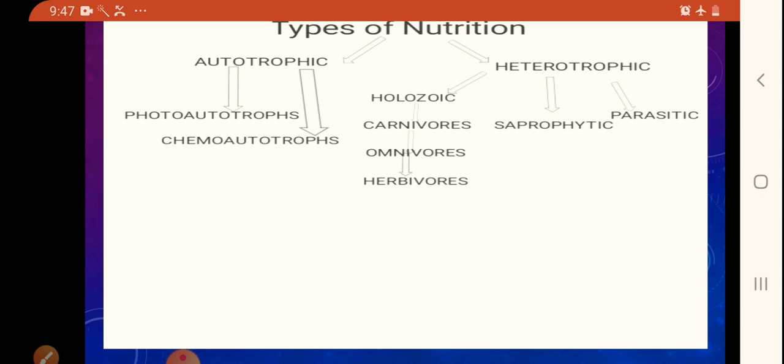Then comes the heterotrophic form of nutrition. Again, three broad classifications: holozoic, saprophytic, parasitic. Holozoic, where digestion takes place inside the body cavity. Saprophytic, which are dependent on dead and decaying matter for their food, are saprophytes.